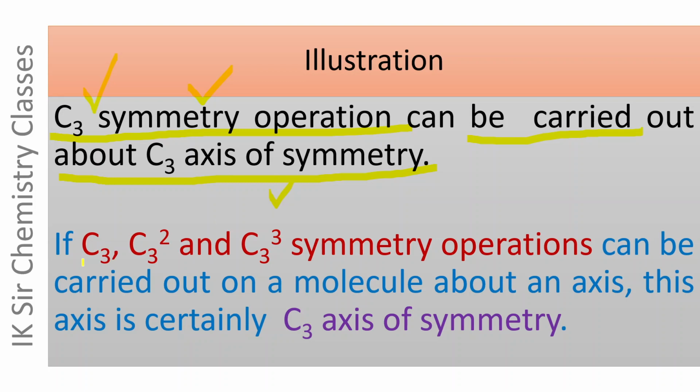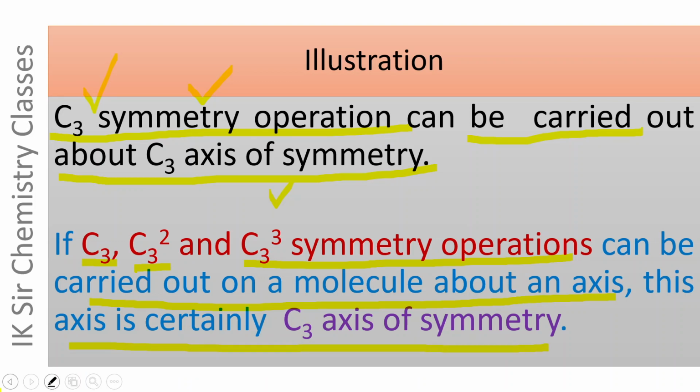On the other hand, if C3, C3 squared, and C3 cubed symmetry operations can be carried out on a molecule about an axis, this axis is definitely, certainly the C3 axis of symmetry.